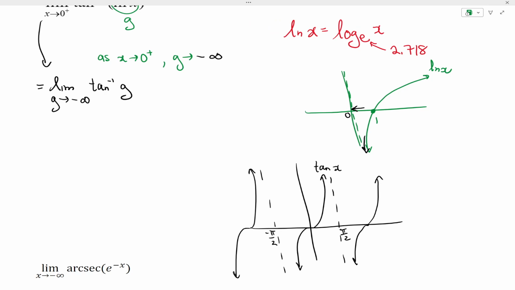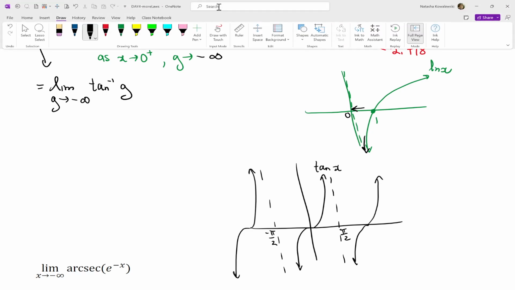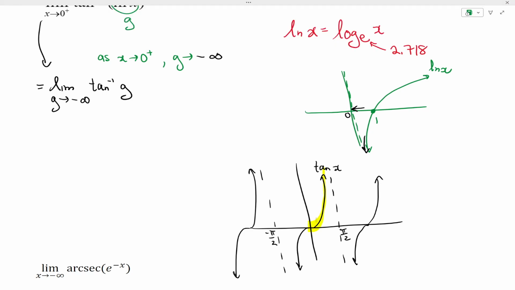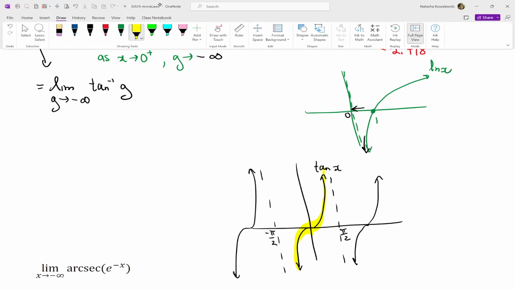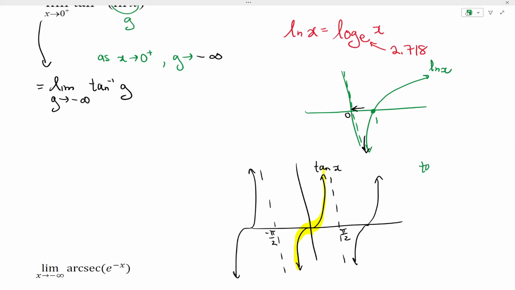Again, we're going to just take the part in the center here, because it has to be a function once we do the flip. So when we do that, tan inverse will look like this. Tan inverse will be, instead of vertical asymptotes, it will have horizontal ones at pi over 2 and negative pi over 2. And then it will do a switch.